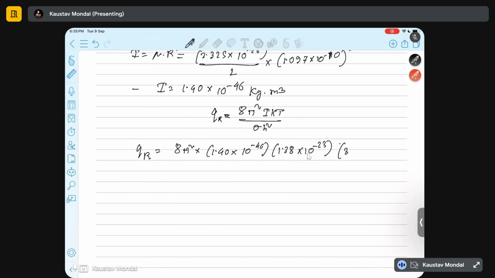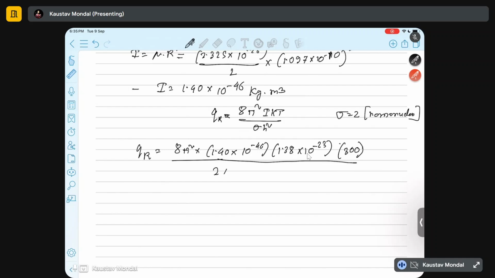Temperature is given, that is 300 Kelvin. This whole thing is divided by sigma. As we are dealing with a homonuclear molecule, both atoms inside the molecule are identical. So the symmetry number would become 1, right? Oh, sorry, 2. So sigma is 2 for homonuclear.